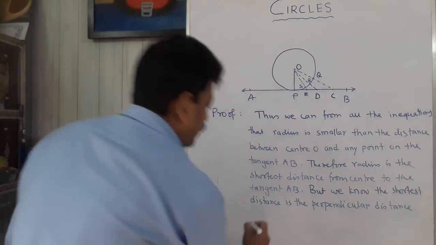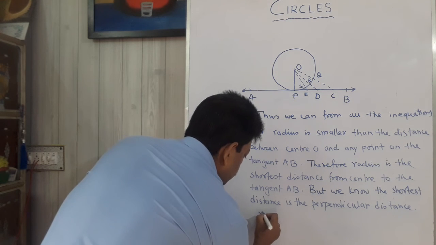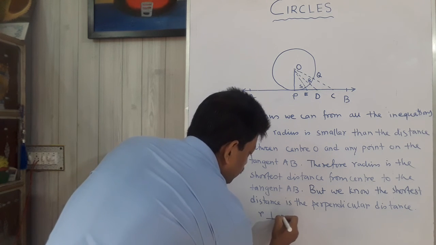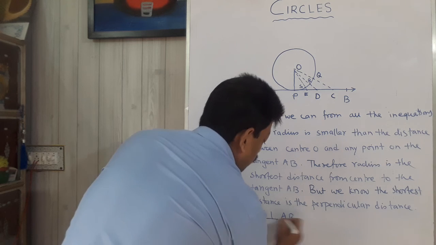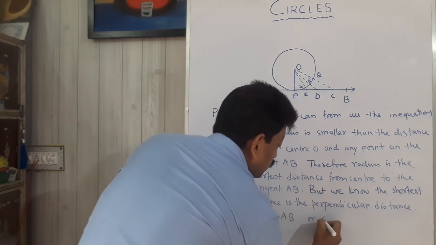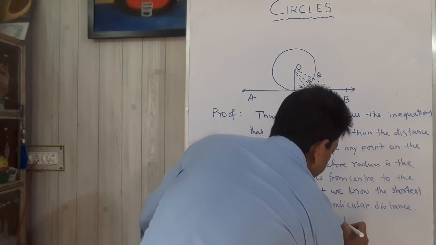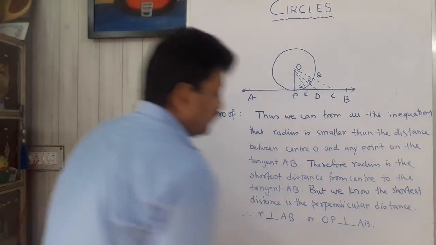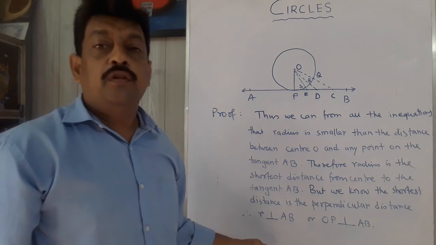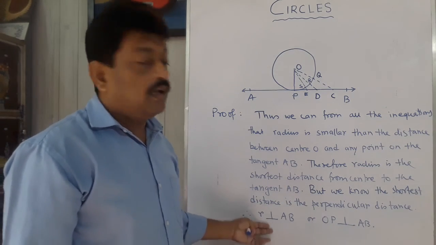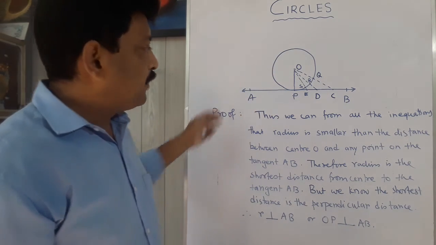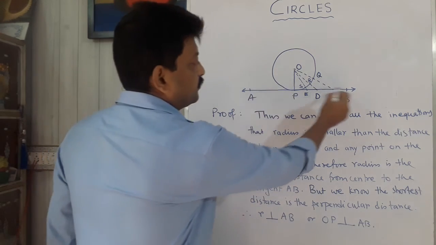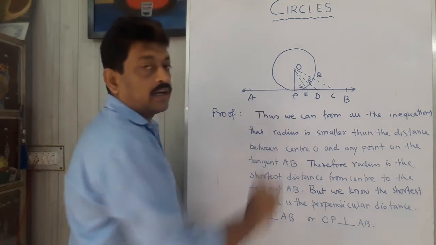Therefore we can say radius is perpendicular to AB, or OP is perpendicular to AB. Therefore, it is proved that the radius is perpendicular to the tangent through the point of contact.